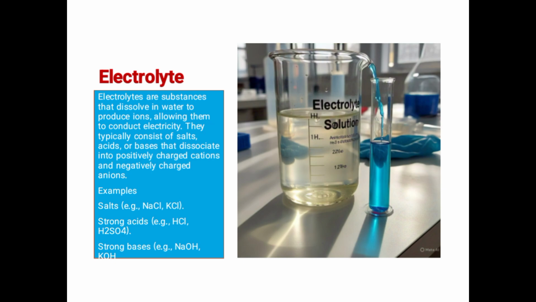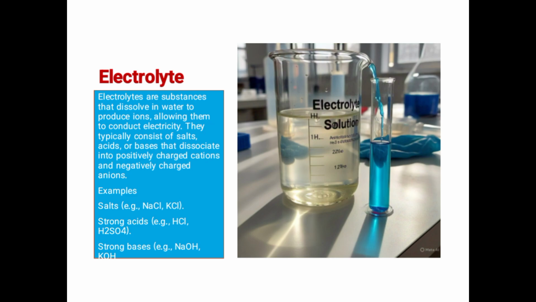Of course, in your knowledge of chemistry, we have three discrete particles of matter: the atoms, the molecules, and the ions. Ions are electrically charged and therefore they can conduct electricity. So any substance that can dissociate or dissolve in water to produce ions is known as an electrolyte. Why? Because they can conduct electricity.